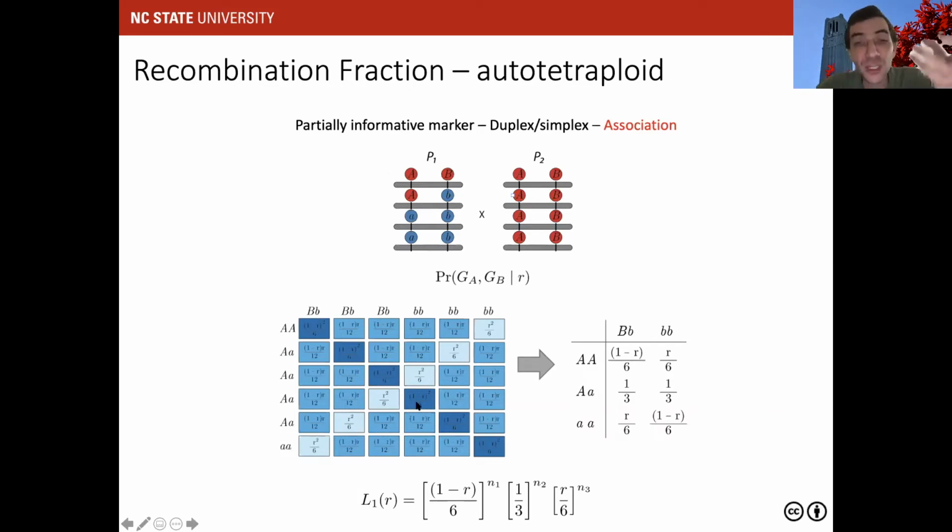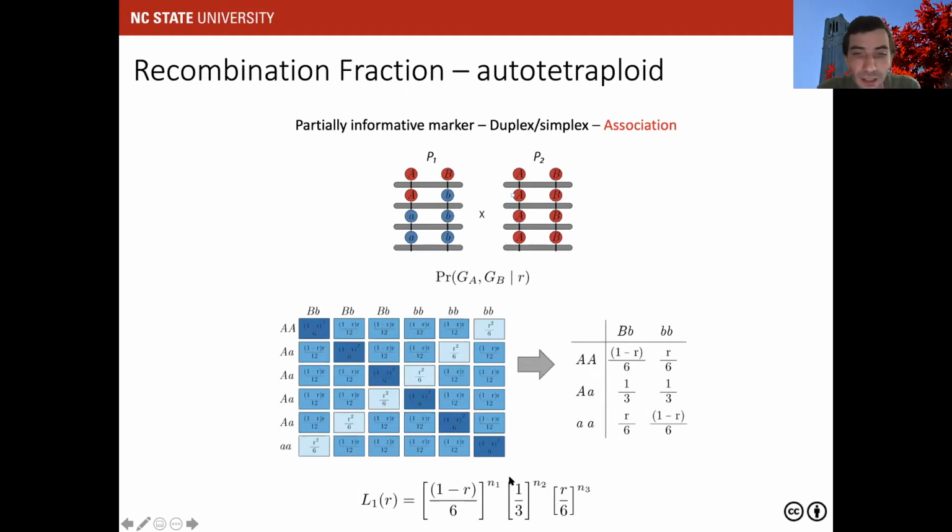And there's a special way to concatenate these columns and rows here. But since you just have 3 classes here and 2 classes in the second case, because we just have 1 simplex marker here and 1 duplex marker here, a 3 by 2 matrix is sufficient to have the likelihood for this case.